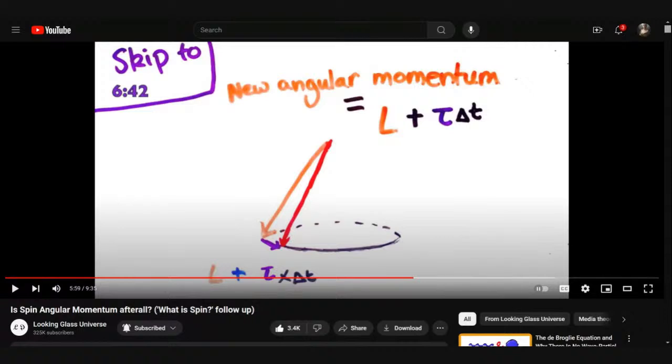This is just two magnetic fields. I'm confused. I don't know what's going on. This is angular momentum, and there is a torque. This is a force, but what's going on? I don't know. I'm confused. Maybe she's right. I don't know. This is L plus dL, so it makes sense.